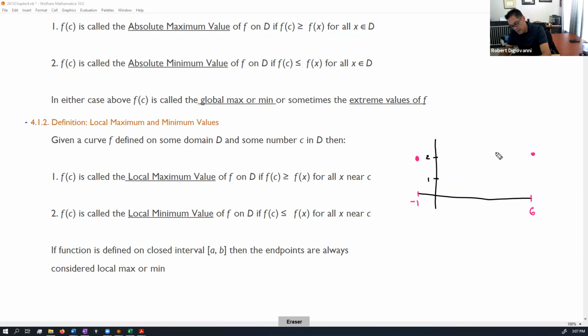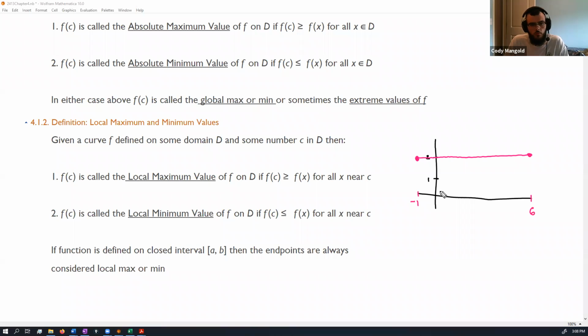That's not good enough. See if this one's any better. There we go. So does this graph have any local maximums or global maximums or global minimums or local minimums?